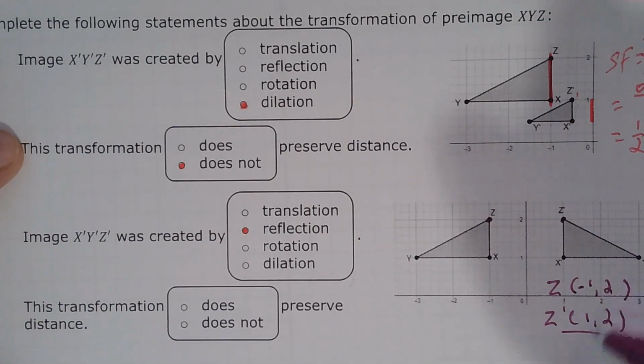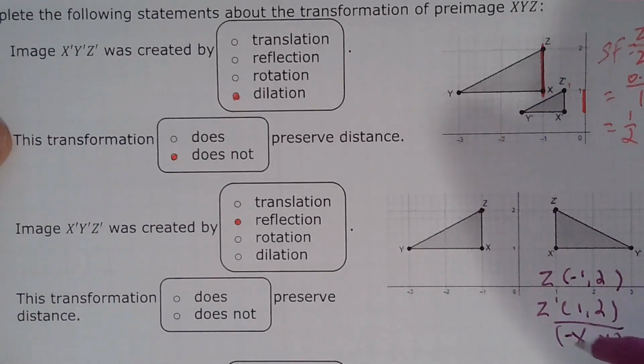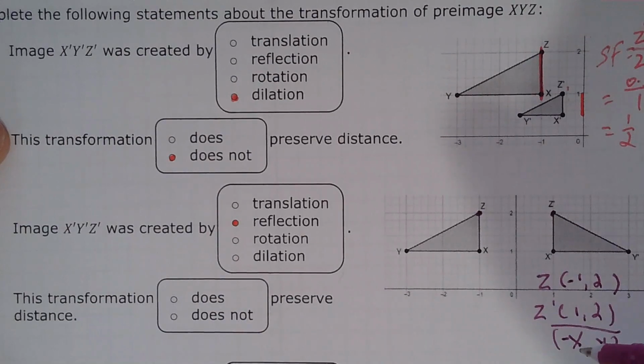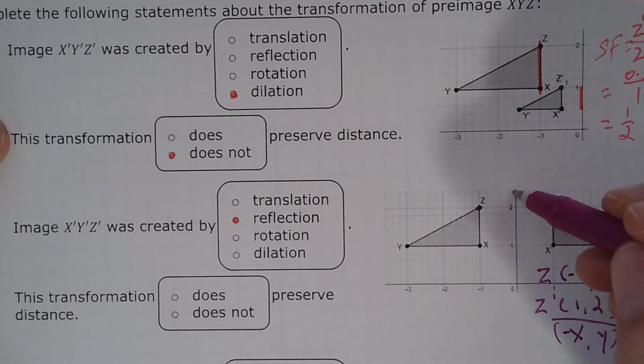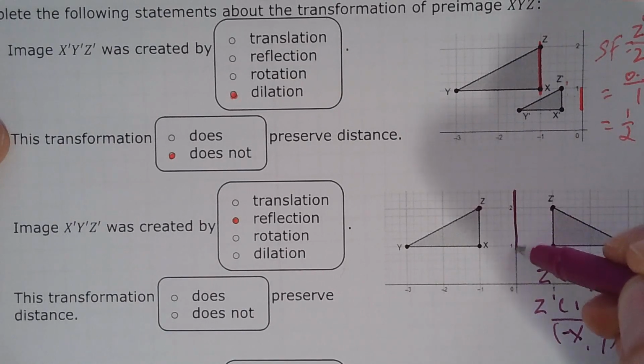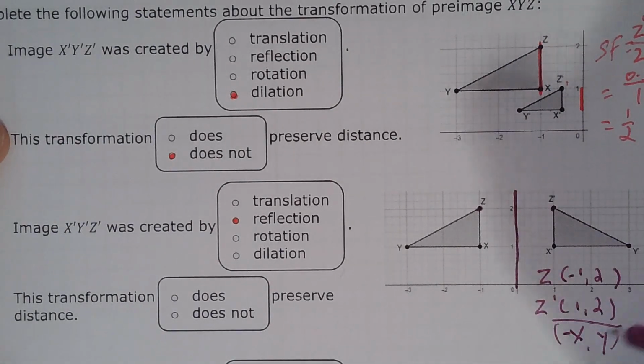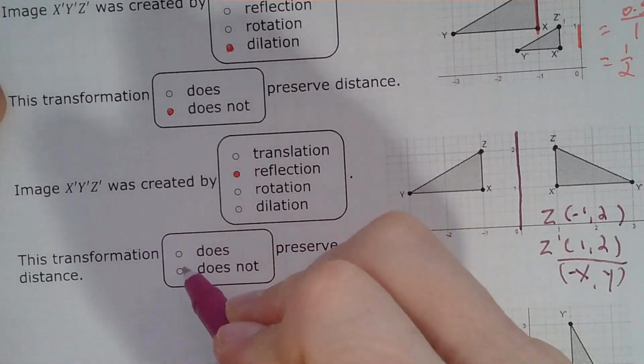My x's and my y's are the same, except my x flopped. It's a reflection across an axis. This one is a reflection across the y-axis because x changed and y stayed the same. Okay, and this one does preserve distance.